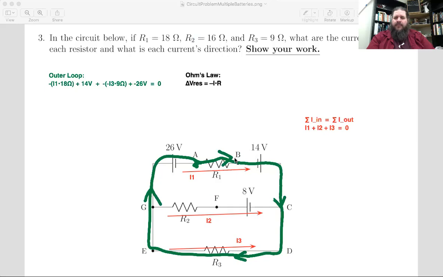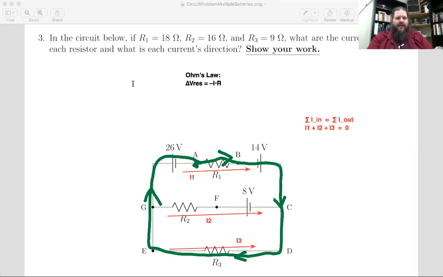Any other questions on that loop rule equation so far? Is there any way we could simplify this equation? Anything we could combine or cancel out? So the voltage would just be negative 12 volts.